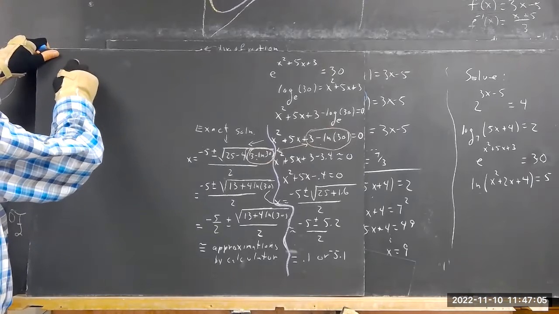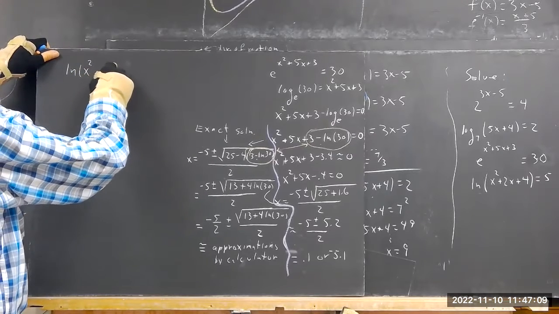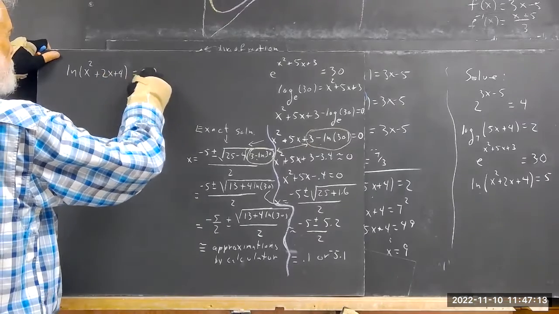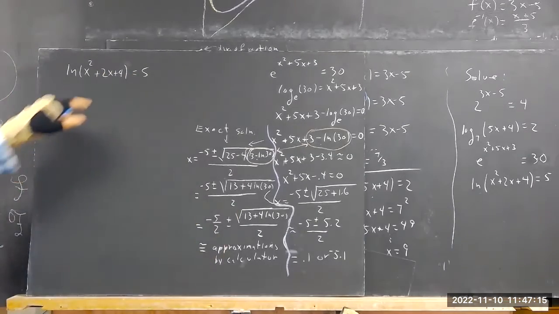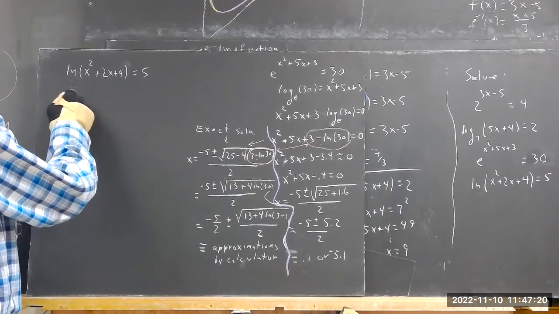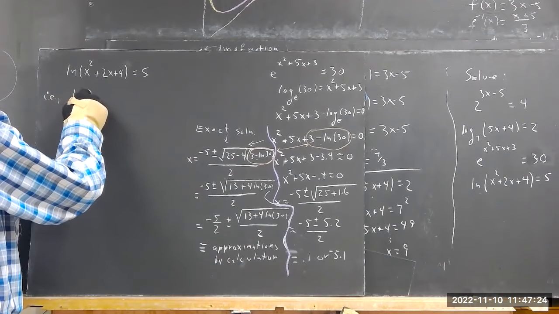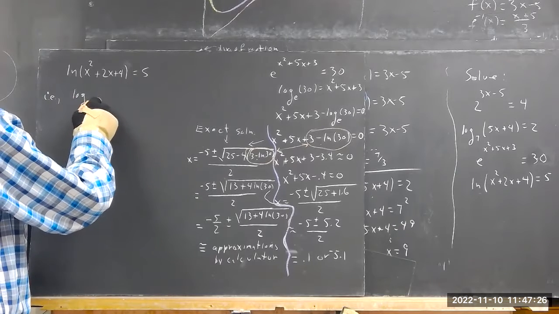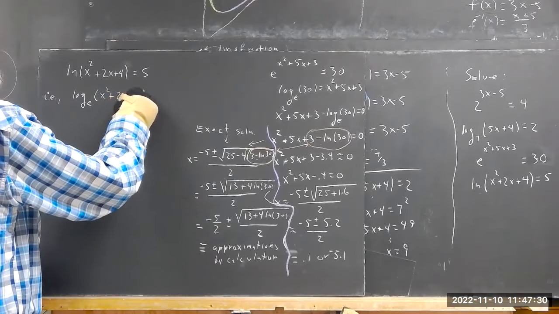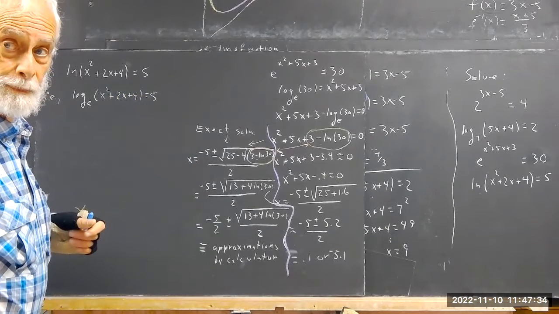Natural log of x squared plus 2x plus 4 equals 5. And this means log base e of x squared plus 2x plus 4 equals 5.